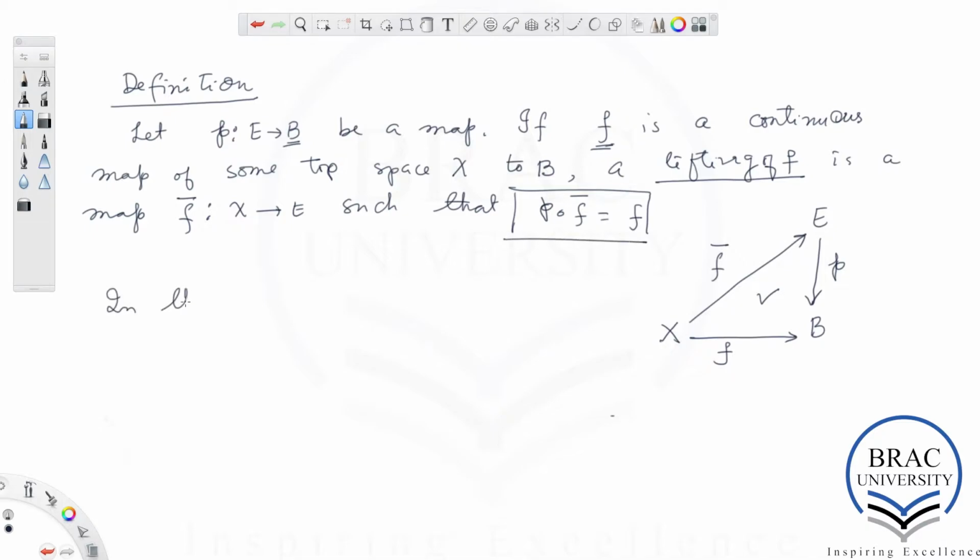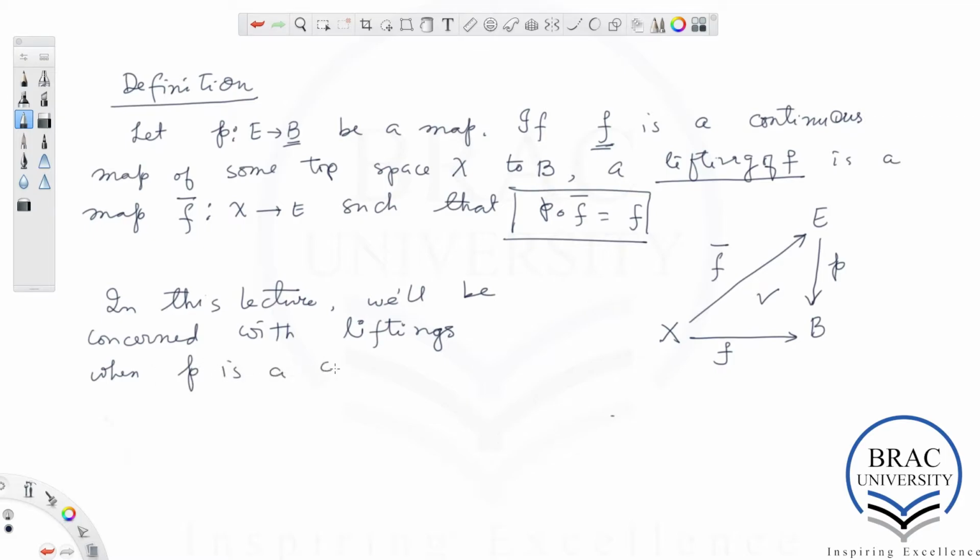In this lecture, we'll be concerned with liftings when this map denoted by P is a covering map.